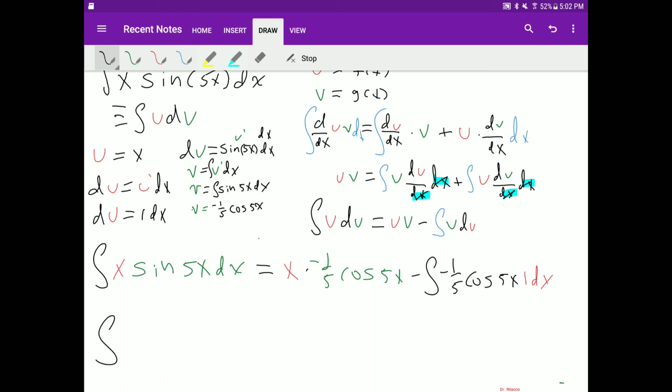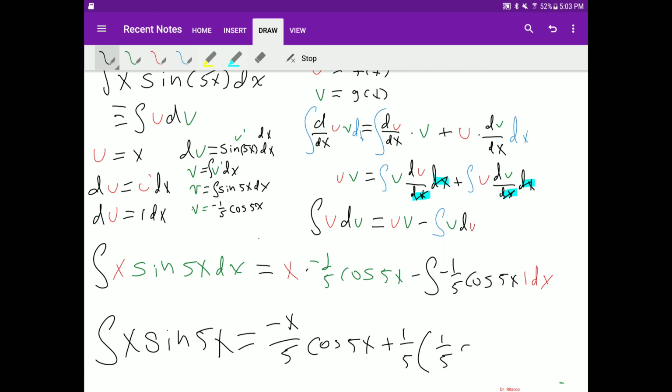So now we're left with the integral of x sine 5x equal to negative x over 5 cosine 5x plus 1/25 sine 5x plus c. And that's our solution.